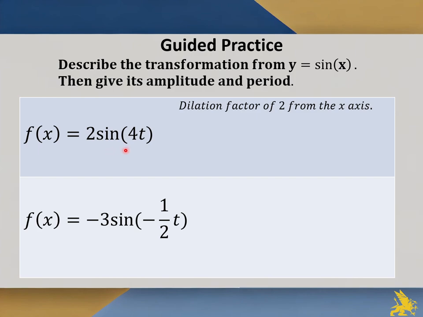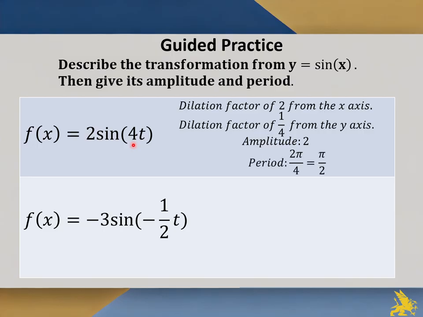Then this 4 is a dilation factor of 1/4 from the y-axis, which means it's compressing. From that, now I look at amplitude, and I've got amplitude of 2, and my period will be 2 pi over 4, which is pi over 2.